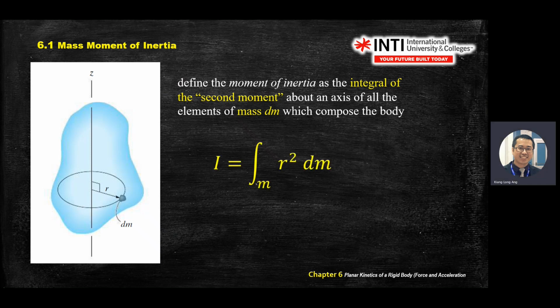This one you already learned in your statics, so I won't spend much time on it. You should already know: I equals the integration of r squared dm. So you integrate r squared dm, and you get your second moment of inertia.